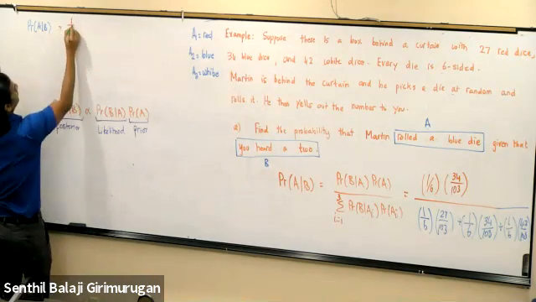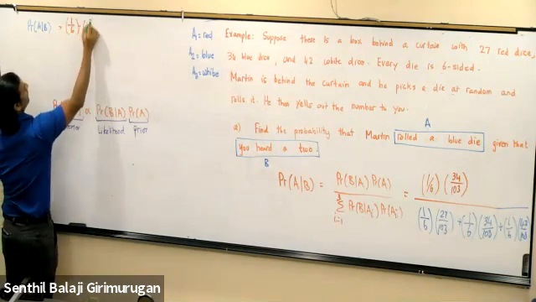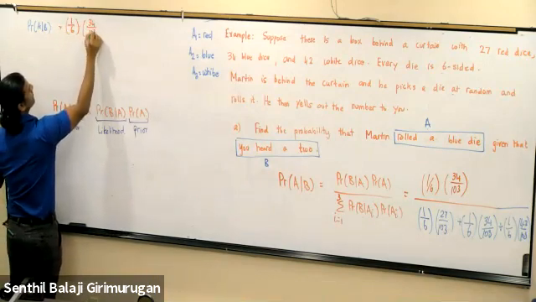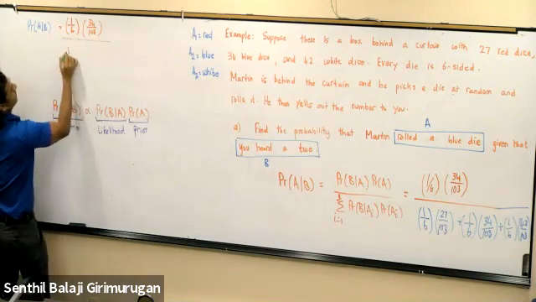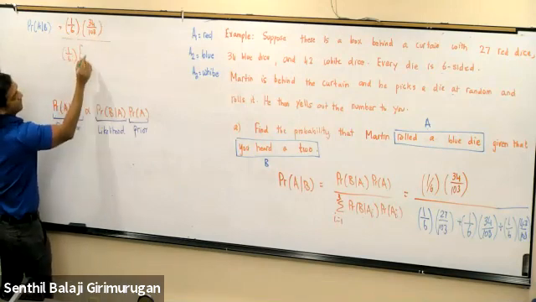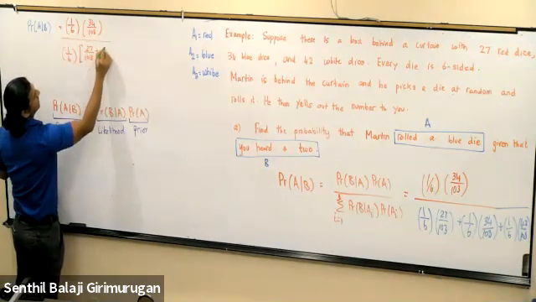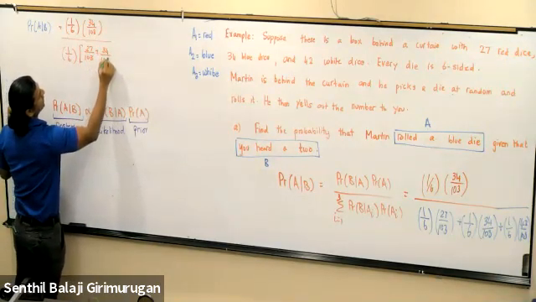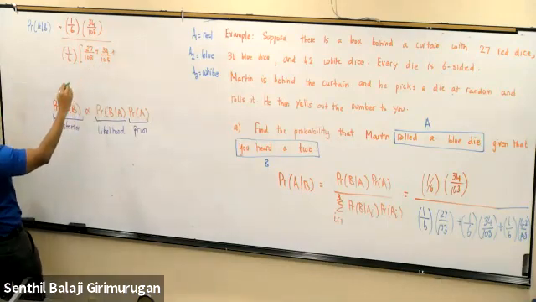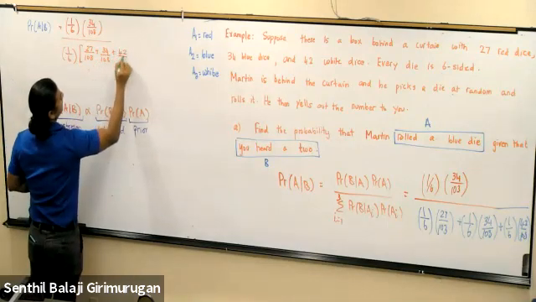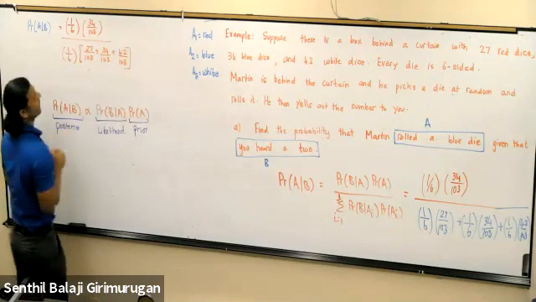So if you pull 1 over 6 out, you have 34 over 1 over 3. Here, and you'll just have 27 over 1 over 3 plus 34 over 1 over 3 plus 42 over 1 over 3. Yes.